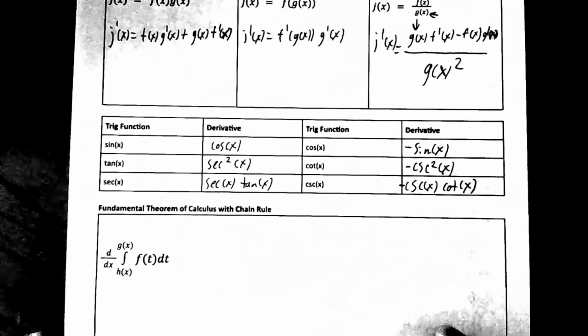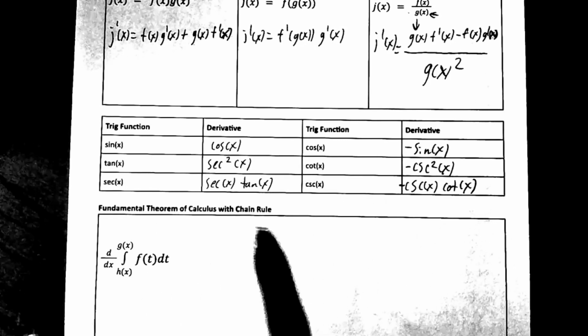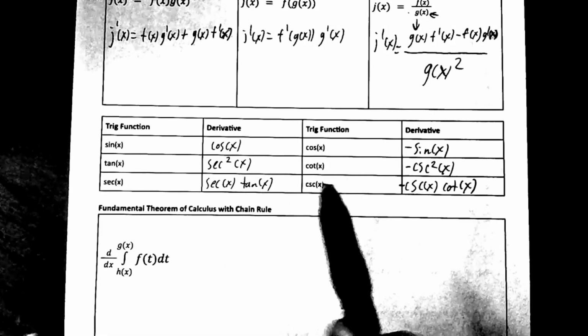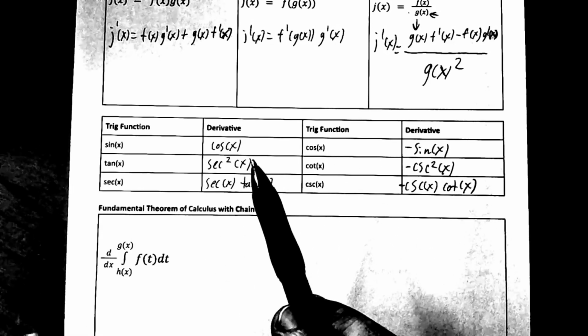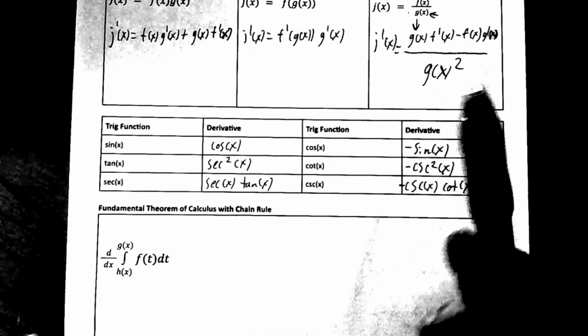Okay, so you need to know these six. Cosine and sine are review, but the new ones, these four, you want to memorize. And there is a pattern there. You can see these three and these three are kind of matching. They're kind of opposites of each other.